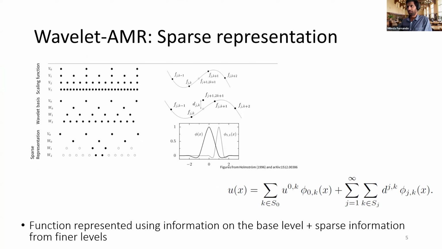So, brief overview of how we drive our adaptivity. Our adaptivity is driven by this wavelet expansion. The basic idea is that the wavelet representation is a sparse representation of a function.